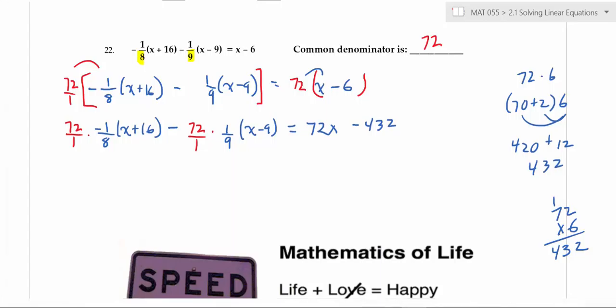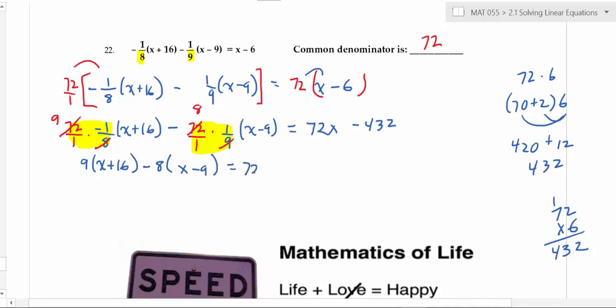Okay. Now what I want to do is, remember you're doing this left to right. So you're going to do this. 72 over 8 is 9. 72 divided by 9 is 8. So just write this as 9 times (x plus 16) minus 8 times (x minus 9).